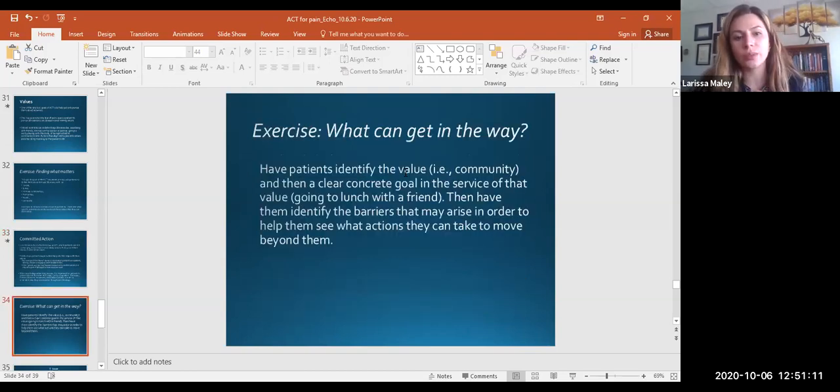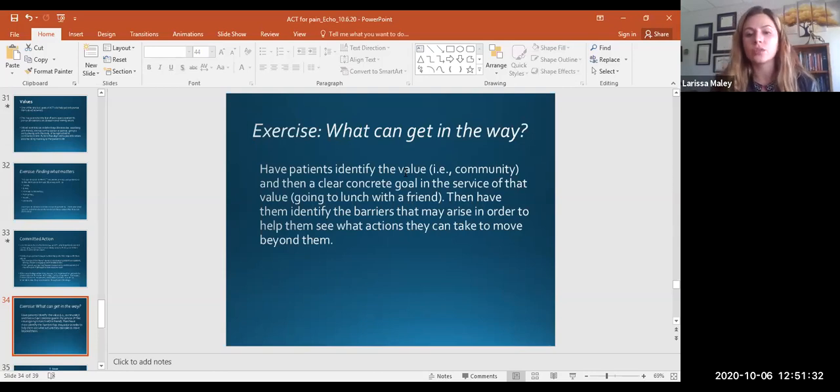So usually when you're doing committed action, you're integrating a bunch of different techniques. You can have people identify very clearly what the value is. In this example, the value might be community, with a clear, concrete goal in the service of that value. So this week they're going to go to lunch with a friend, very clearly connected to their value of community.